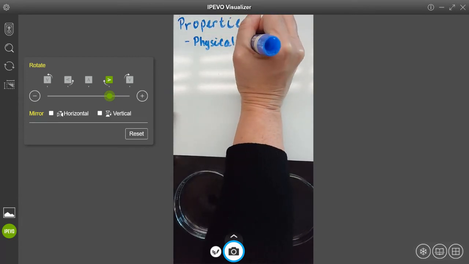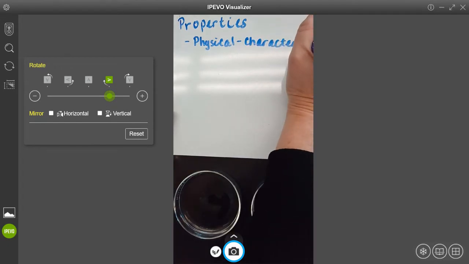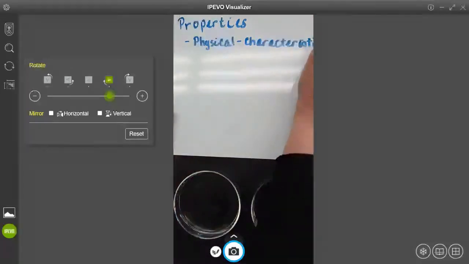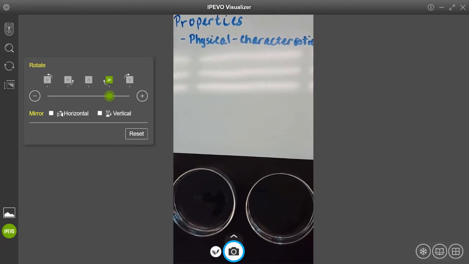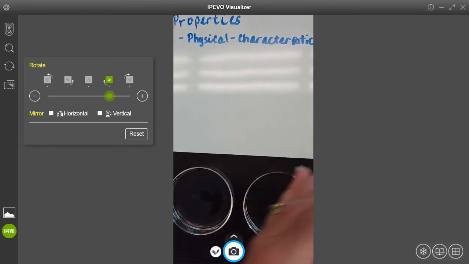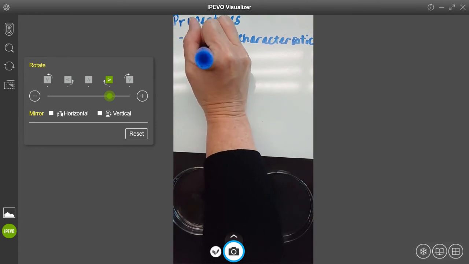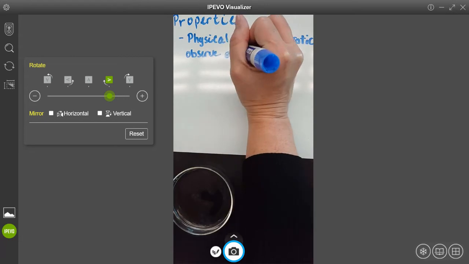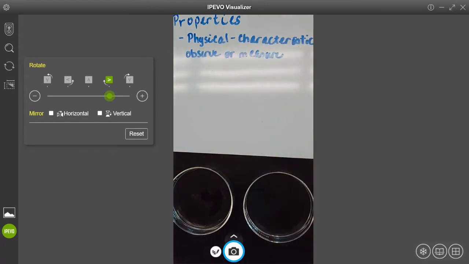And this is a characteristic that we can observe or measure. And it doesn't change the identity of the substance.